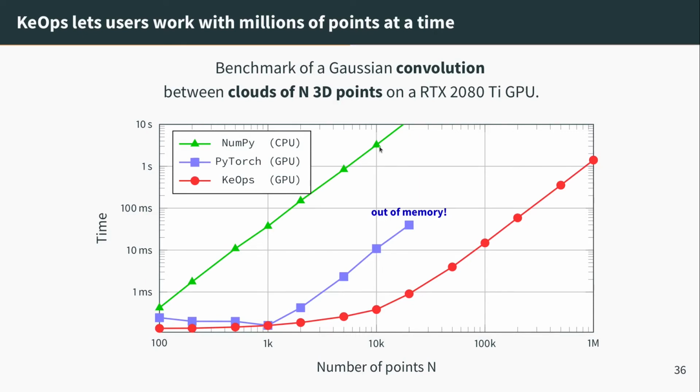So the whole point of GPUs is that you can implement the same scheme using PyTorch, using the 1,000 cores that are provided by your GPU. And so you get the same behavior, but with a much better constant. Okay, so typically a speed up by 300. So that's already great. And it means that with PyTorch on a GPU, you can already work with clouds of like 2,000 points very efficiently.